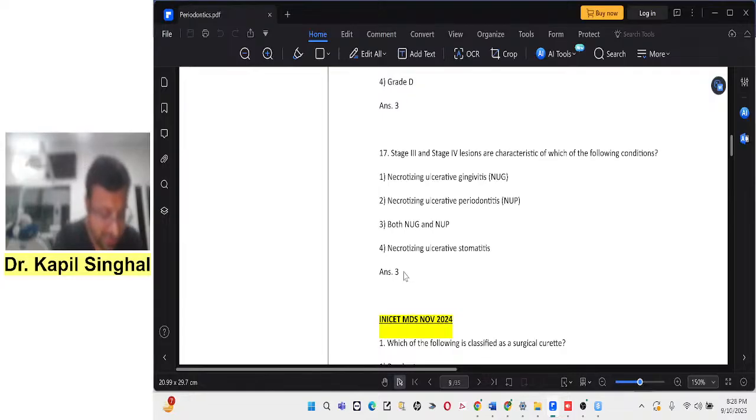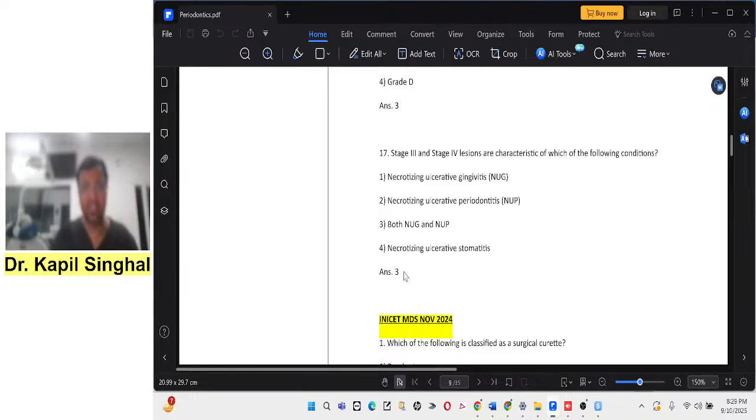Now, out of these 7 stages, 1 is considered as NUG, 2 is considered as either NUG or NUP, 3 and 4 are considered as NUP, 5 and 6 are considered as necrotizing ulcerative stomatitis, and 7 as noma.